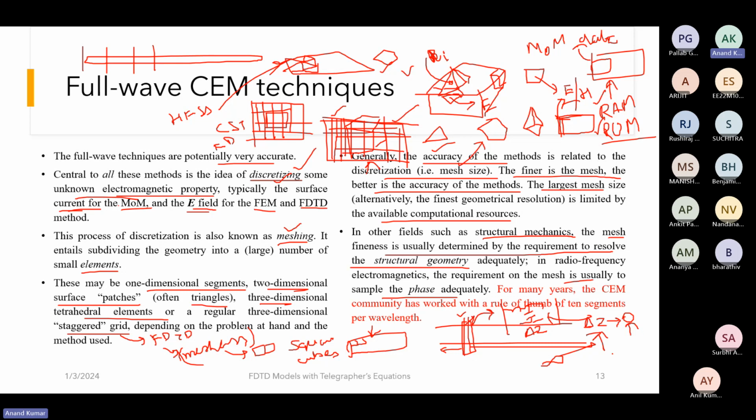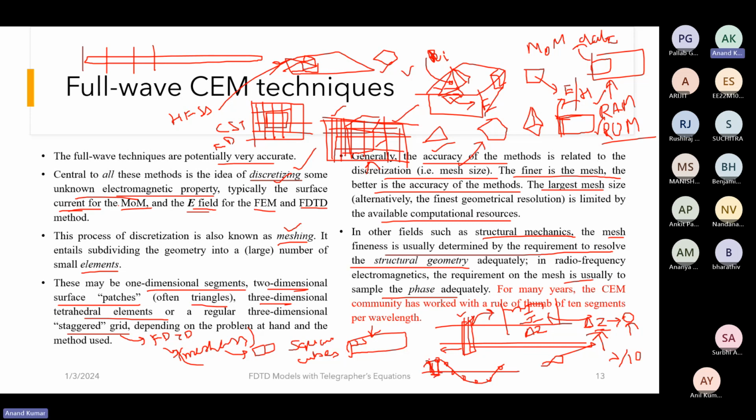We usually tend to keep this length below lambda by 10. For example, if this is your wave, and we are taking points on the wave, we keep it so that we are taking at least 10 points on this wave, so that we are able to accurately model it, and we do not have too large a phase change between these two points.